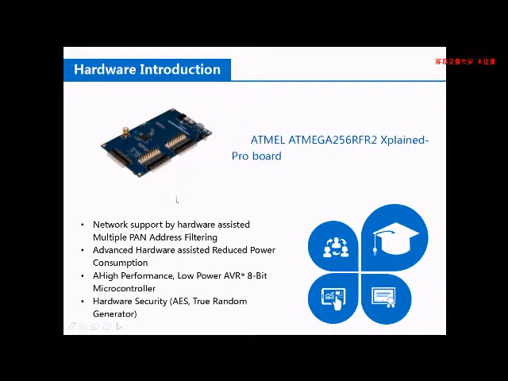This board is provided by the teacher, and we chose it because it has several features: it supports hardware-assisted multi-PAN address filtering, and advanced hardware-assisted reduced power consumption, and it embeds a high-performance, low-power AVR 8-bit microcontroller, and it also has hardware security, the AES and a true random generator.